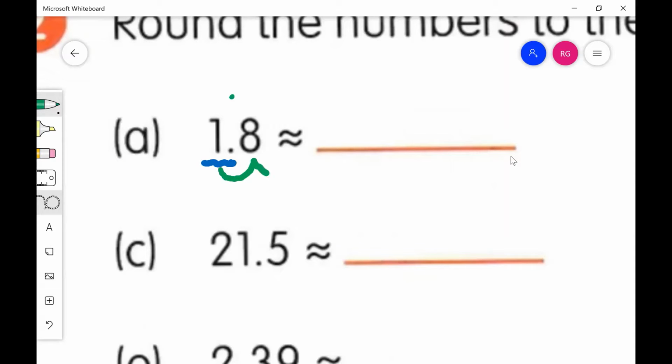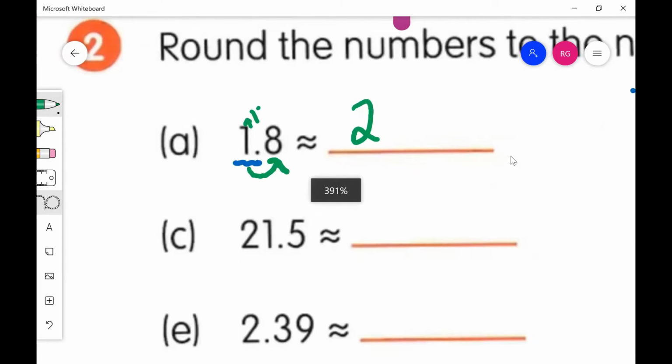Okay, we see that it is a big number, a number greater than 5. So what should we round that to? Round up. Yes, we need to round up. So we're going to take 1 plus 1 equals 2. All right, so we have 2 for that one.